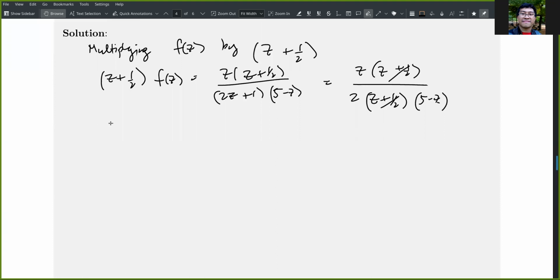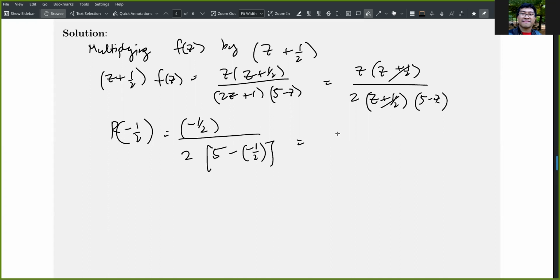Next step, we evaluate at minus 1 half: we substitute z by minus 1 half. So you have minus 1 half divided by 2 times (5 minus negative 1 half).